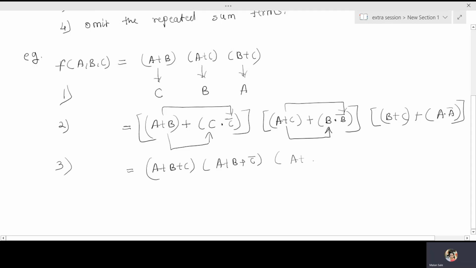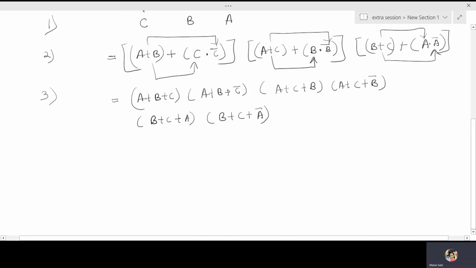Now I will get the terms like this: A + C + B, A + C + B bar. In the third case, B + C is ORed together with A, then B + C is ORed together with A bar. And we'll get the terms like this: B + C + A, then B + C + A bar.